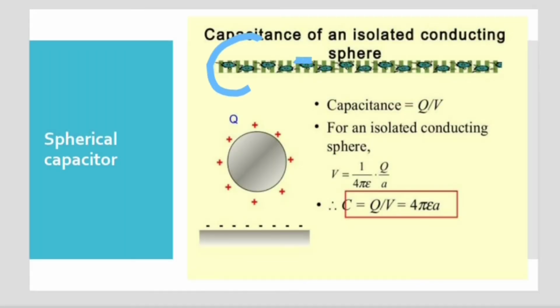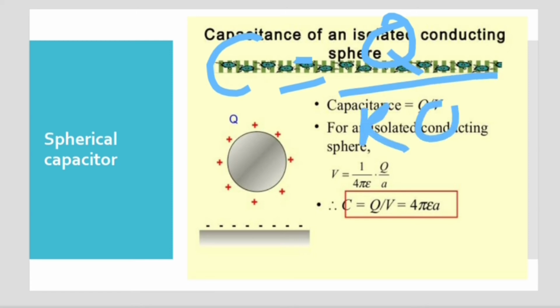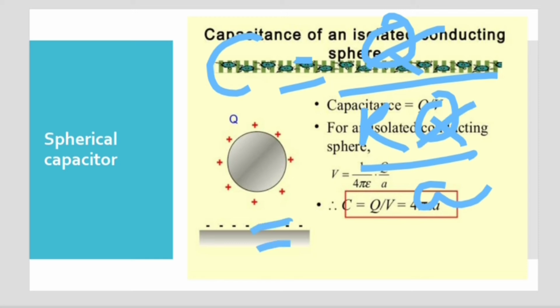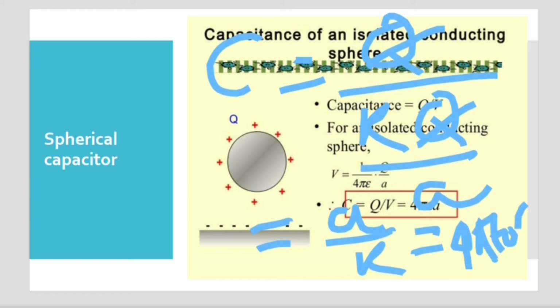So now you have C equals Q by, instead of V I am writing this. So Q will be cancelled out, right? So what I have is A by K. What is the value of K? 1 by 4 pi epsilon naught. So C equals 4 pi epsilon naught A will be the answer.